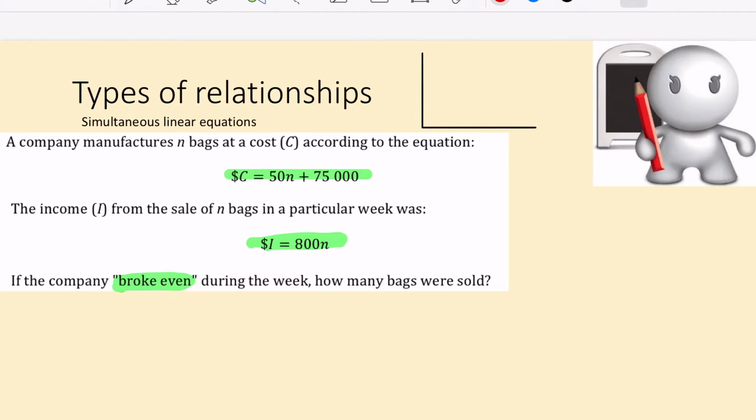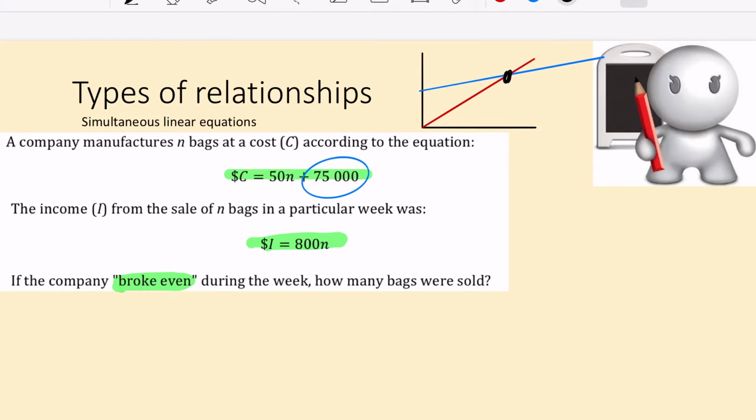So your income linear equation is a direct variation. So it starts at 0, 0. Your costing is going to start at, in this case, 75,000, and then it's going to increase that way. Now, at some stage, these two equations are going to cross over.